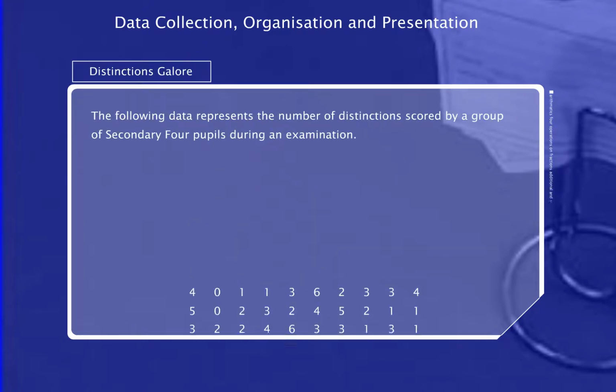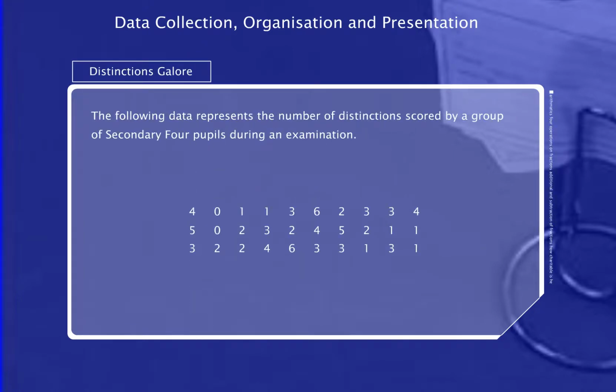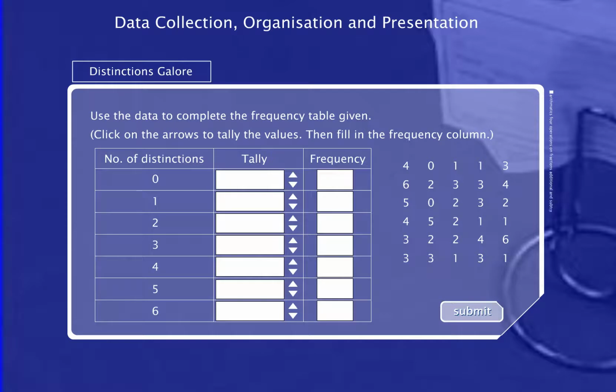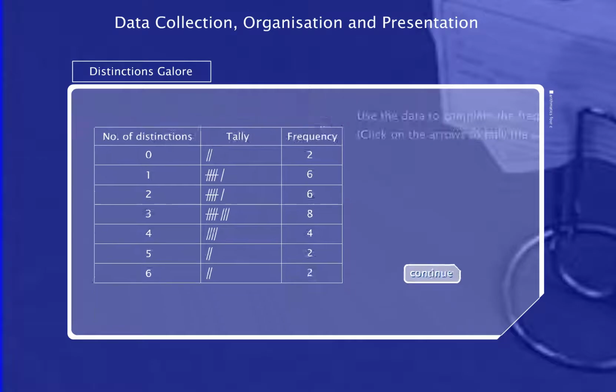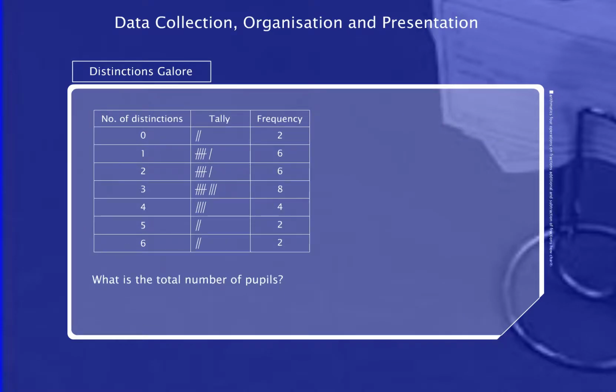The following data represents the number of distinctions scored by a group of secondary 4 pupils during an examination. Use the data to complete the frequency table given. What is the total number of pupils?